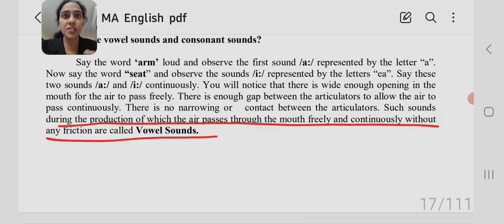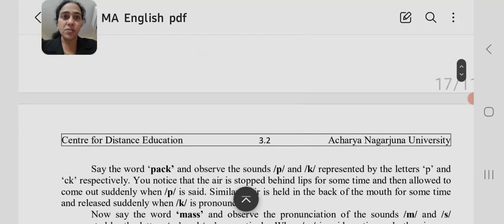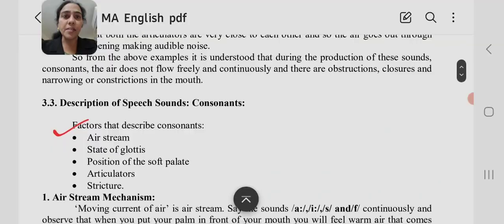V, there is friction. T, there is friction. D, there is friction. But for A, E, A, there is no friction at all. So when we say the sound, if the air stream passes freely, smoothly and continuously without any friction, they are called vowel sounds. These are the examples given.